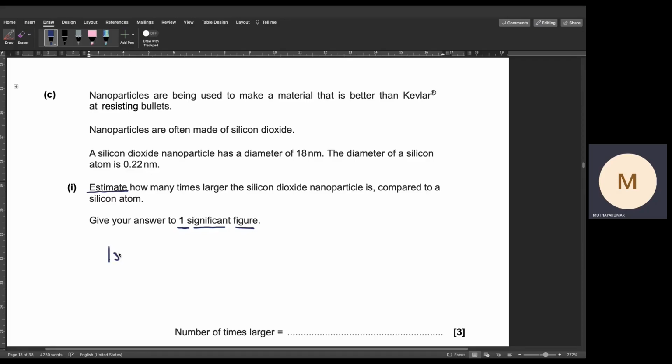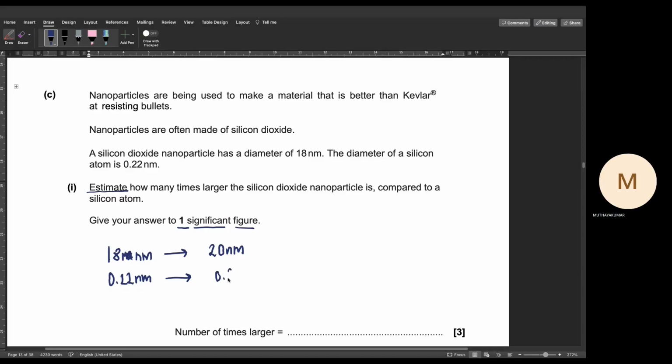So 18 nanometers, if we're going to estimate, we can round this number to 1 sig fig, which will be 20 nanometers. 0.22, which is the other number involved in this question, we can round this to 1 sig fig, which will be 0.2 nanometers too.